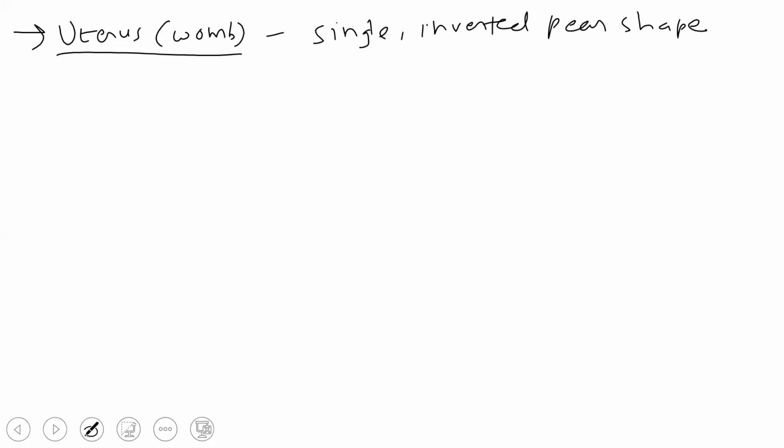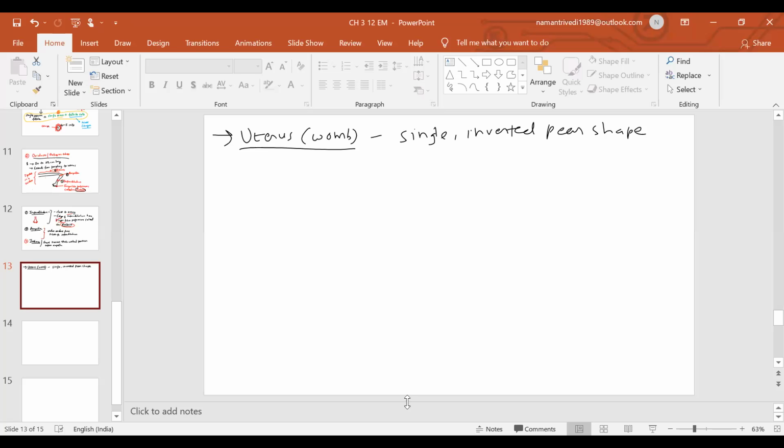If you look at the side view, let me show you a better diagram. Just wait for a while.